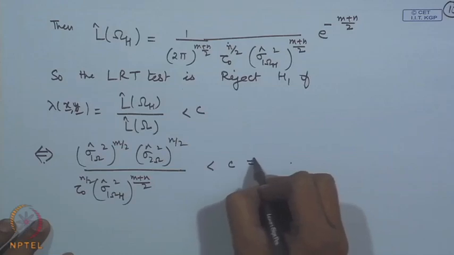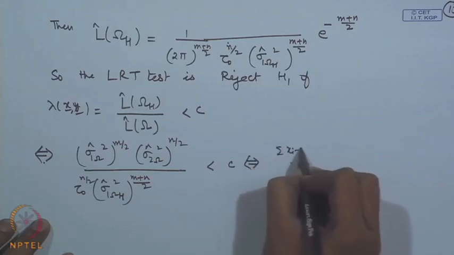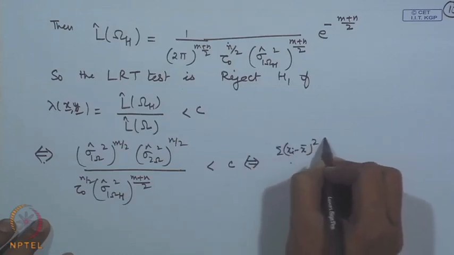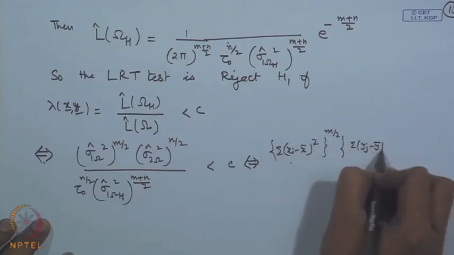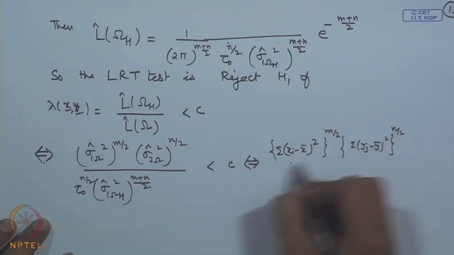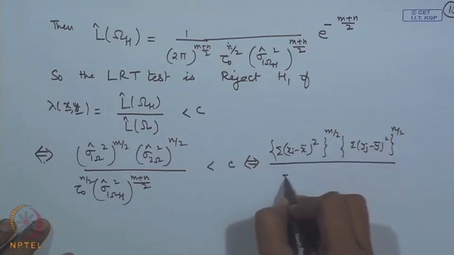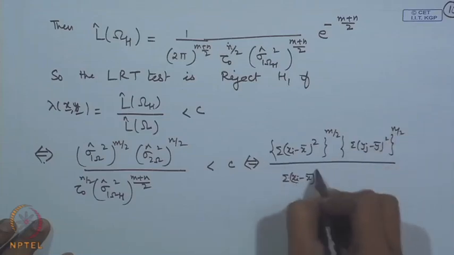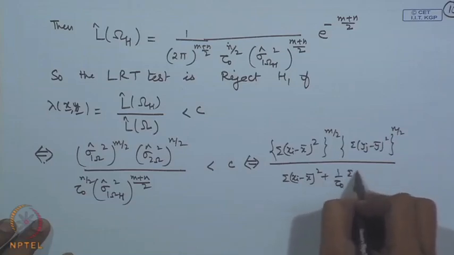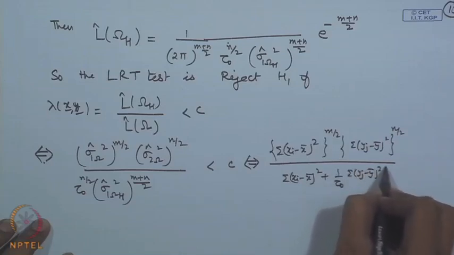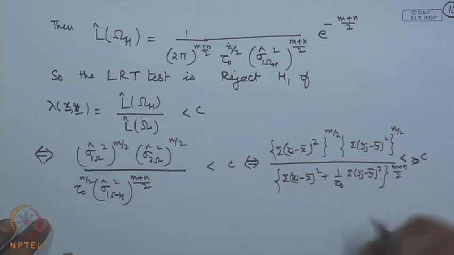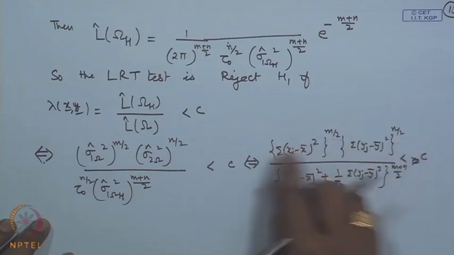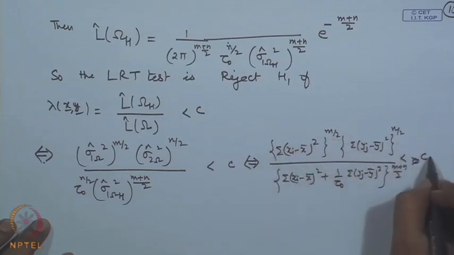So, this is equivalent to, I can say, sigma (x_i minus x bar) square to the power m by 2, sigma (y_j minus y bar) square to the power n by 2, divided by sigma (x_i minus x bar) square plus 1 by tau naught, sigma (y_j minus y bar) square, to the power (m plus n) by 2, less than say c. Some coefficient will get cancelled out, because for example, 1 by m was here, 1 by n is here. So, let me call it C 1 here.